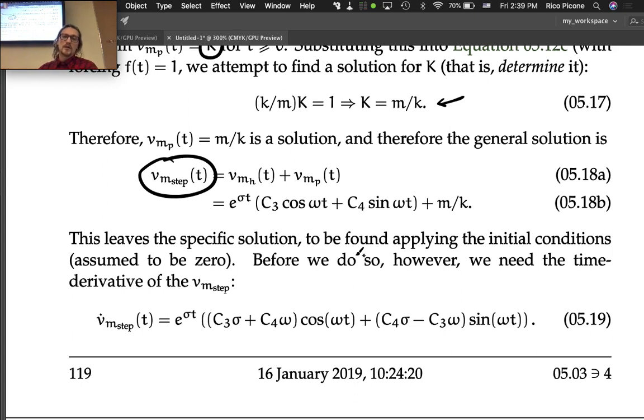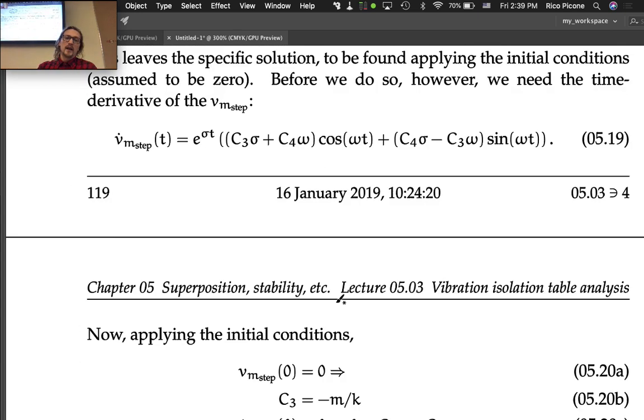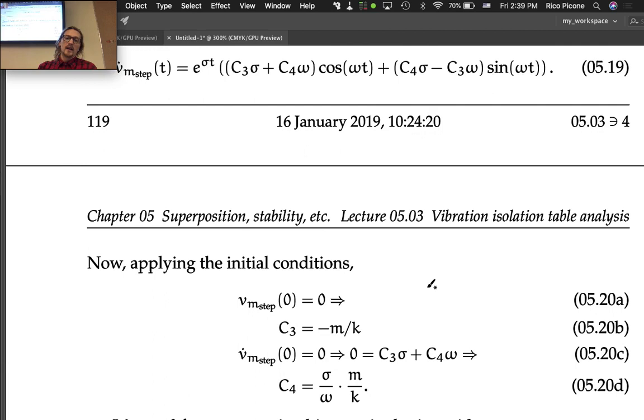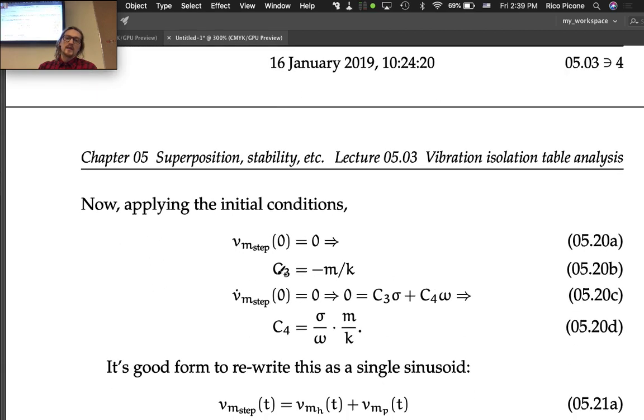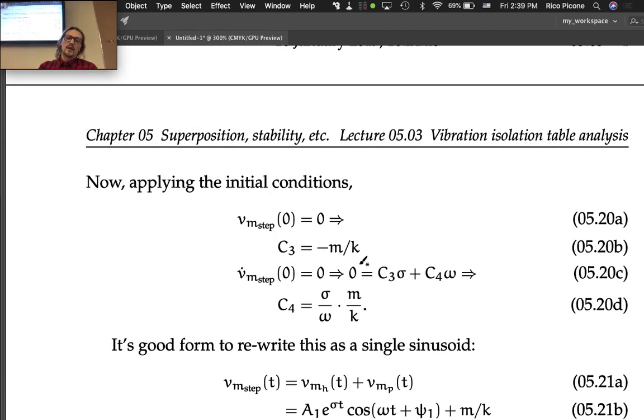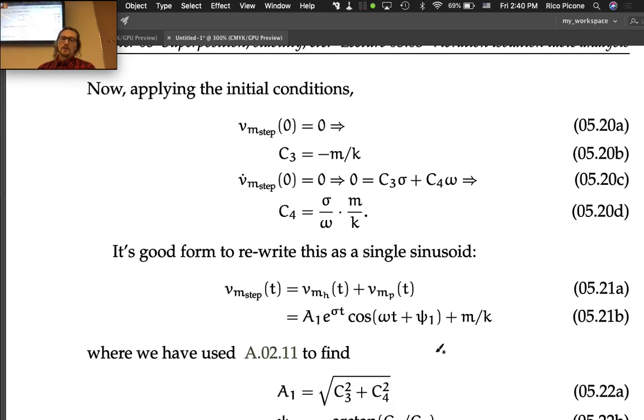So you do that, and I get that C3 and C4 are as given there. So applying the initial conditions, I get C3 and C4.